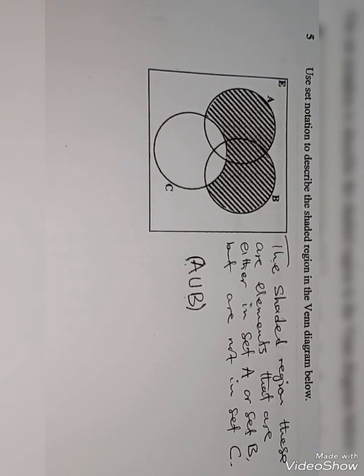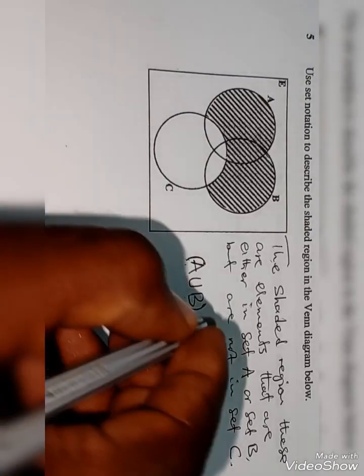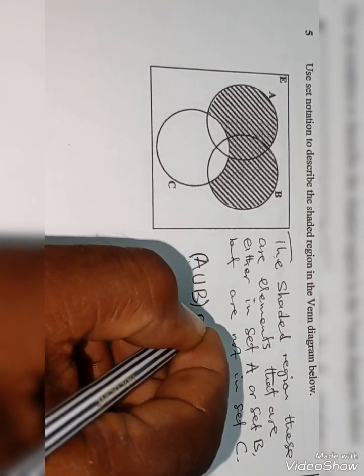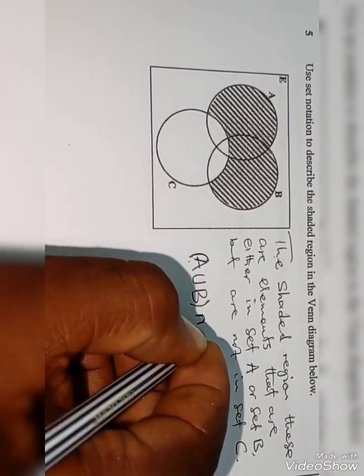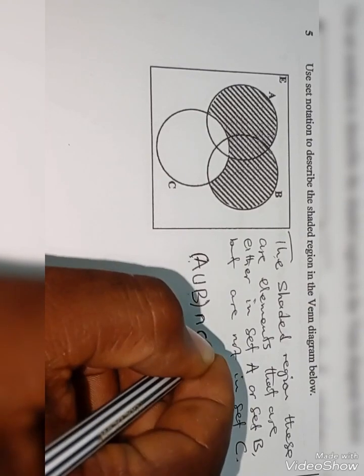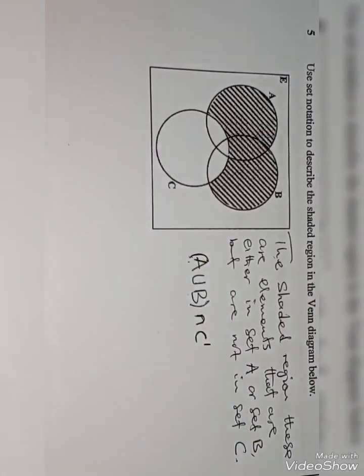These are elements or members that are either in set A or B, but are not in C. So I'll introduce intersection C complement.